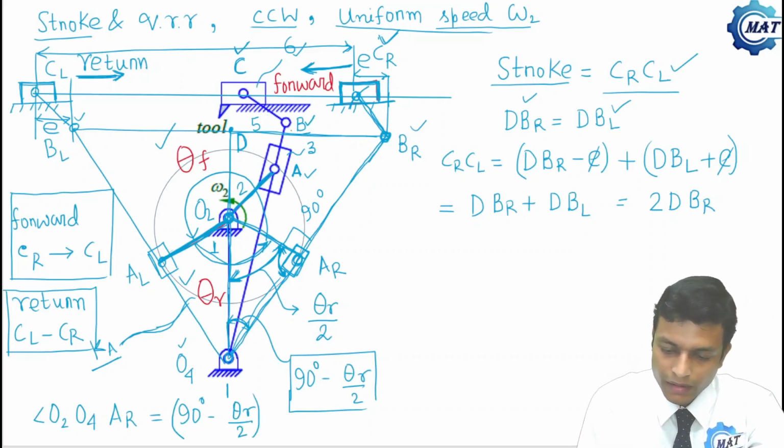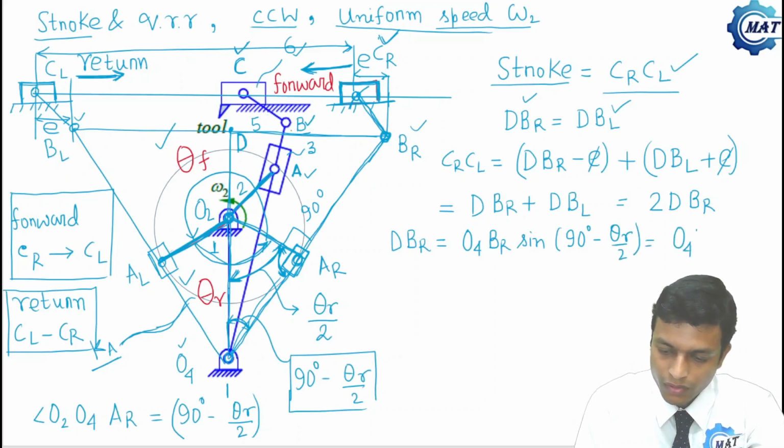So DBR is what? DBR is O4 BR into sine of this angle, that is 90 degree minus theta R by 2, which is O4 BR cos theta R by 2.